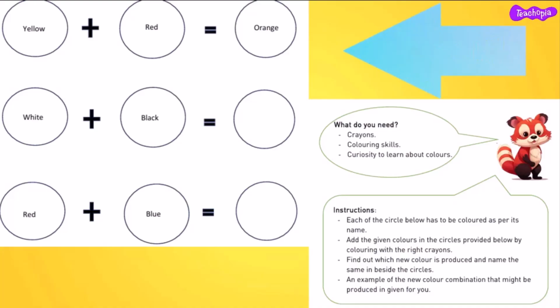Likewise, white and black: what color do we obtain? It is gray. So in the third circle, the learners can write the word gray and shade the circle in gray. Likewise, they can finish the rest of the colors and their outcomes.